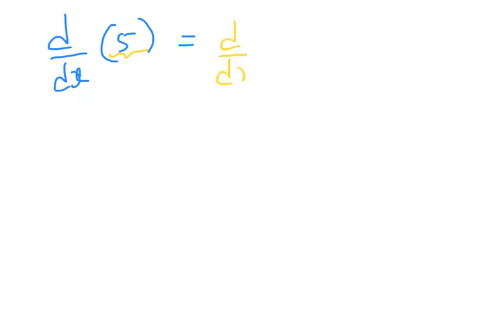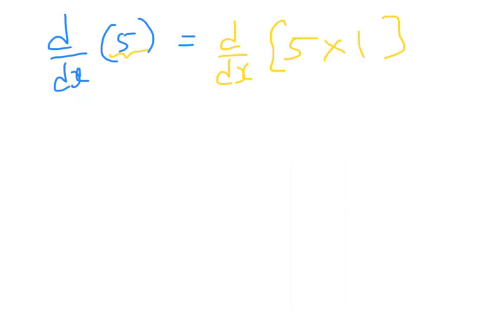Suppose they have given d by dx of 5. 5 is a constant here. How to handle a constant, we have to observe now. Whenever a constant is given, I can write d by dx of 5 into x power 0, because 5 I can also write as 5 into 1.